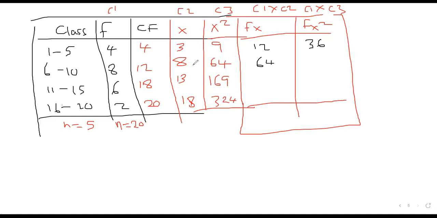Again, 8 times 64 is 512. Here we have 6 times 13 is 78. And 6 times 169, 1014. And here 2 times 18, 36, and 2 times 324, 648.